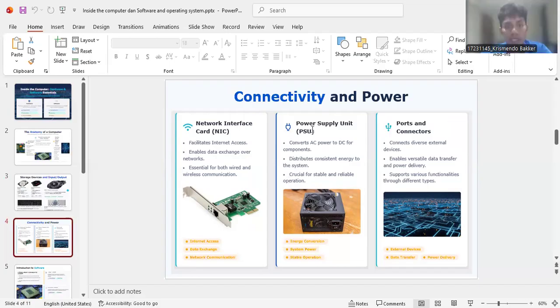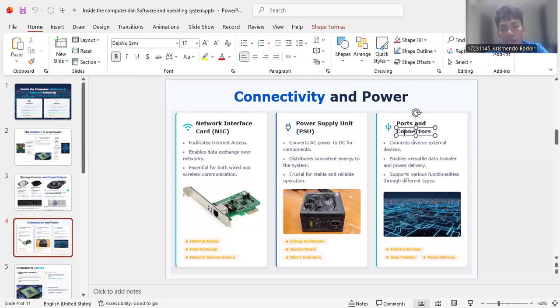The power supply unit, PSU, converts AC power to DC for components, distributing consistent energy to the system, crucial for stable and reliable operation.